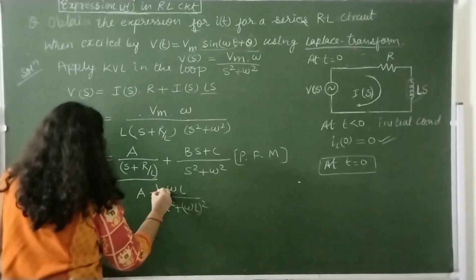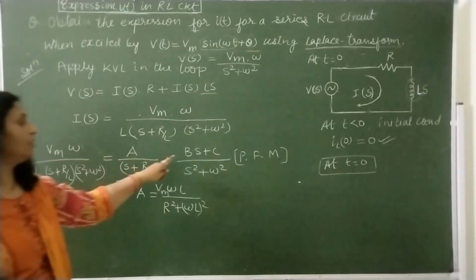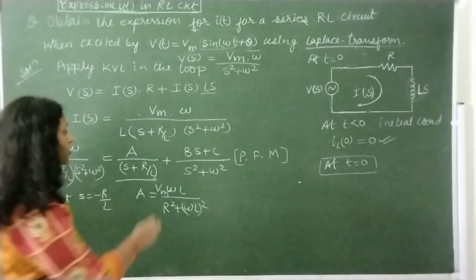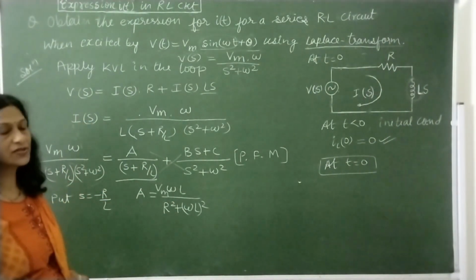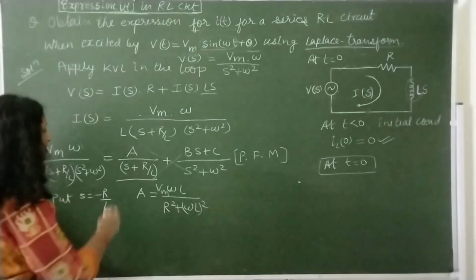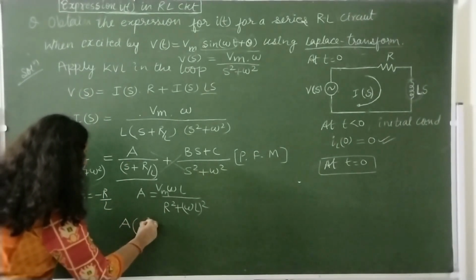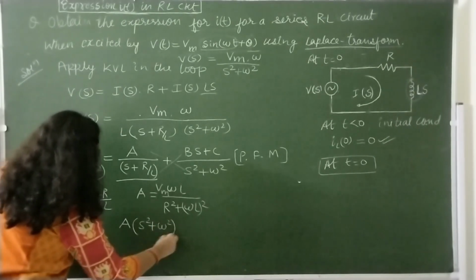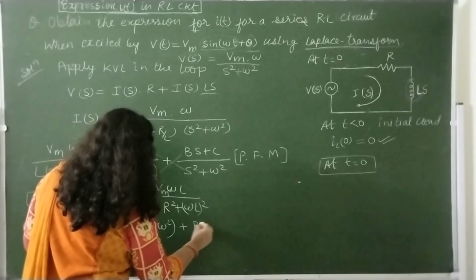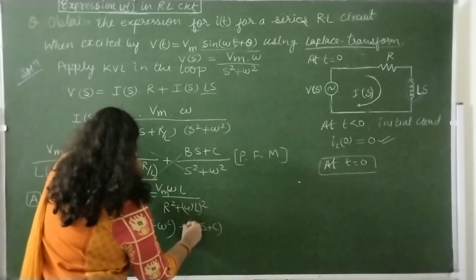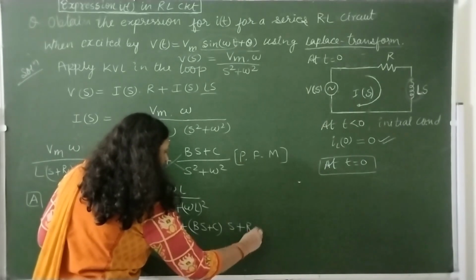This is our A. Okay, now to find the values of this B and C, cross multiply these two terms and compare the coefficients of s square and s on both sides. So here first term will be A (s square plus omega square), and second term is (Bs plus C) multiplied by (s plus R by L).